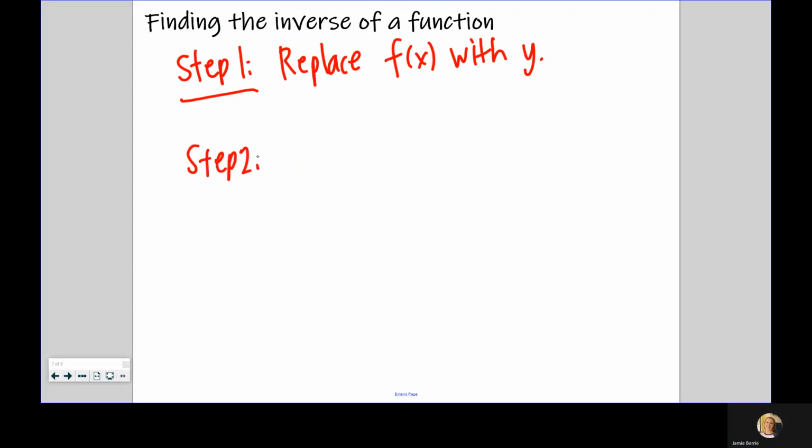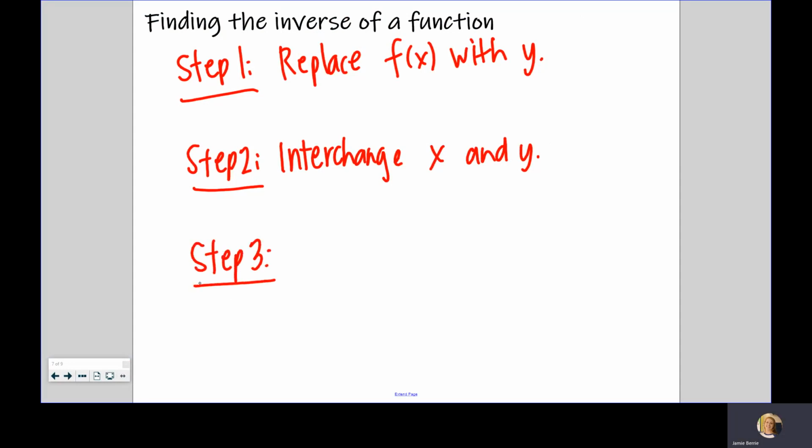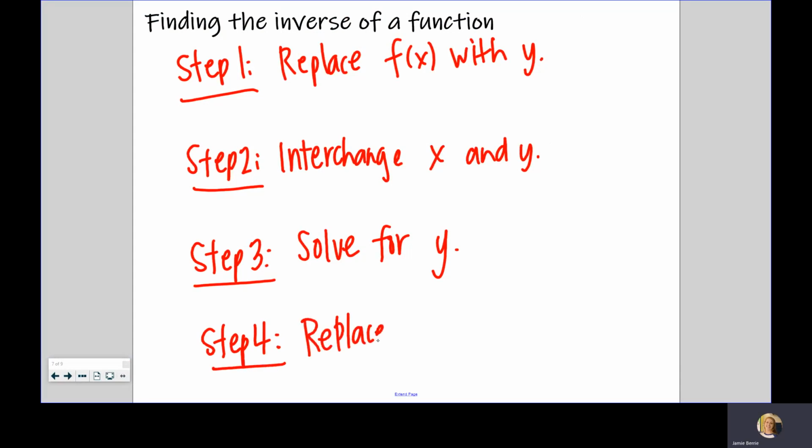Step 2, switch or interchange x and y. So you're just going to switch x and y. Step 3 is solve for y. Step 4 is just replace y with the inverse function notation, f inverse of x.